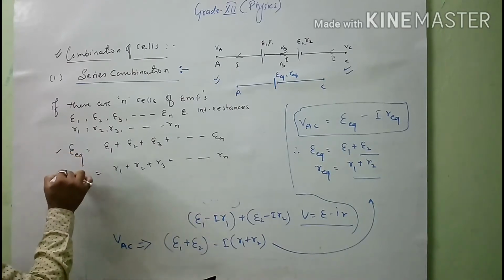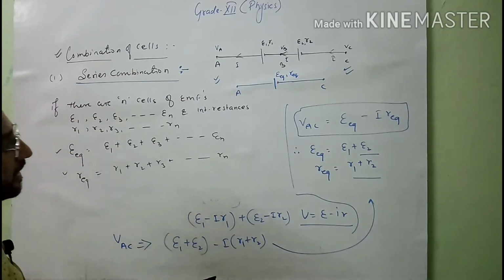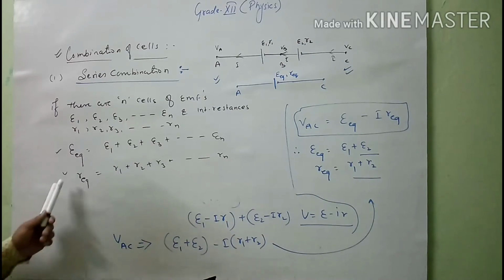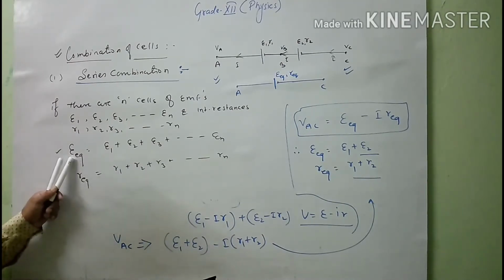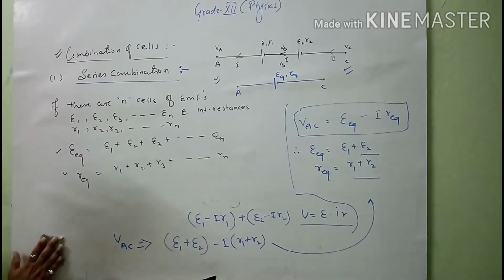This is the way to write the equivalent internal resistance and also the equivalent EMF of the cell.